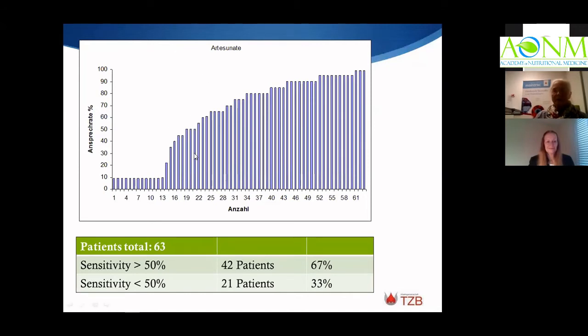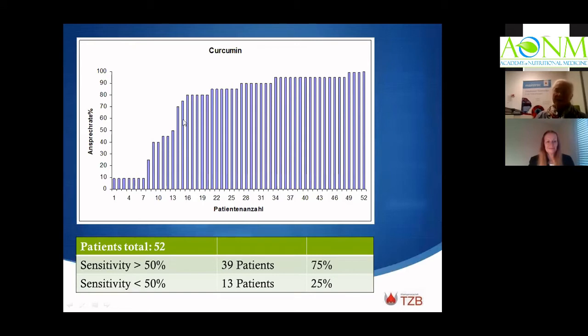This is artesunate, and you can see very many, about 70% of the patients respond with a good response to this drug, to this substance. And the best outcome was for us with curcumin, where many patients, almost all patients, respond well to this substance.